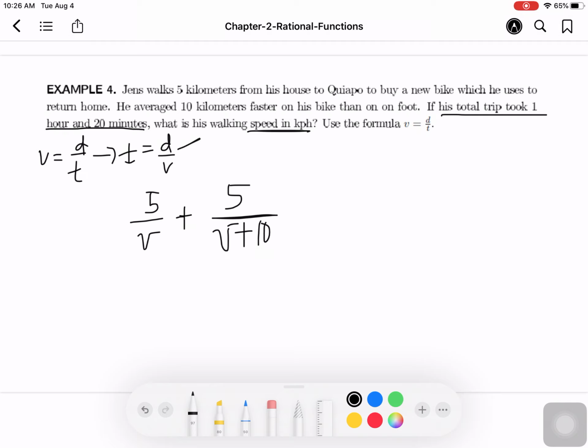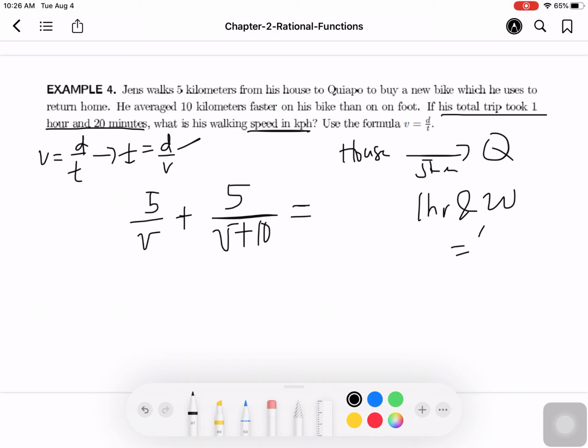Okay. So that time, from his house to Quiapo, which is 5 kilometers, it took him 1 hour and 20 minutes. So what is 1 hour and 20 minutes? 1 hour and 20 minutes is equivalent to 4/3 hours.